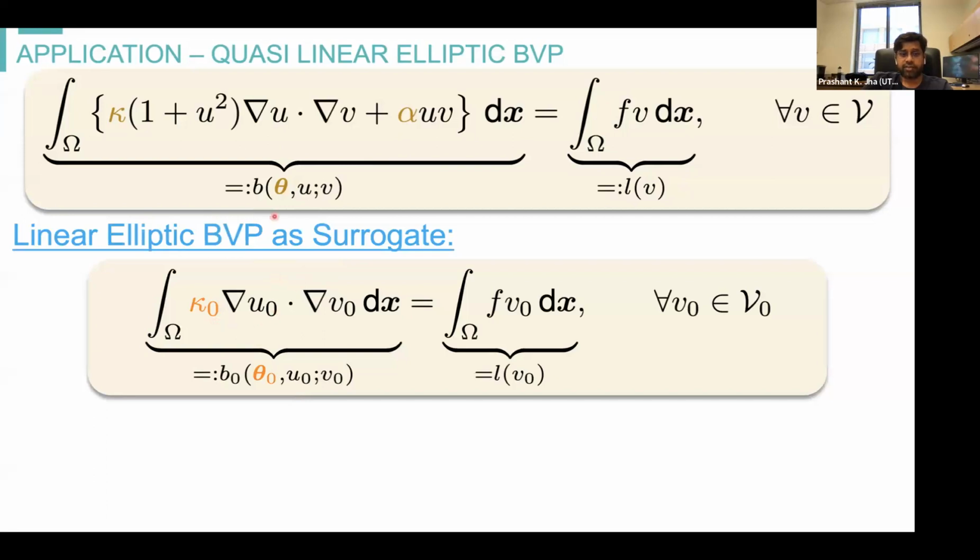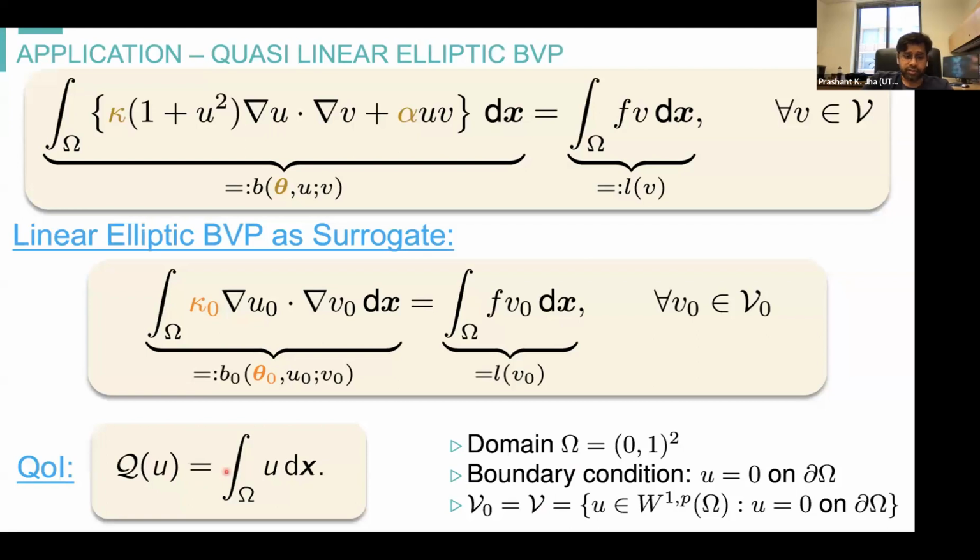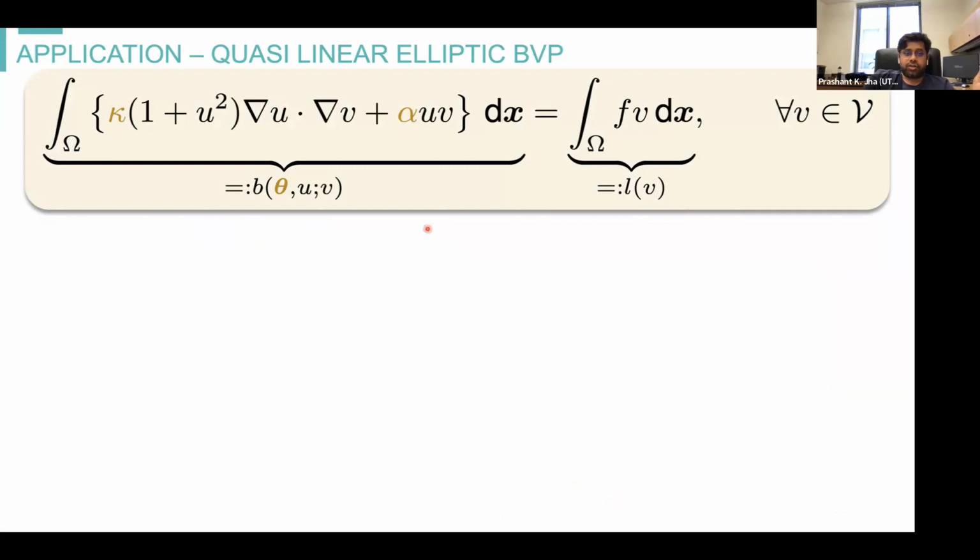We discard the nonlinearity and this additional term here to get this surrogate problem. So we have kappa 0 grad u0 dot grad v0. This gives you another linear form b0. As a quantity of interest, we consider the average of solution u over the domain, or not average, but the integral of u. That is our quantity of interest functional. It is a very simple square domain with Dirichlet boundary condition, and very simple reasonable function spaces here. Now, I basically solve this.